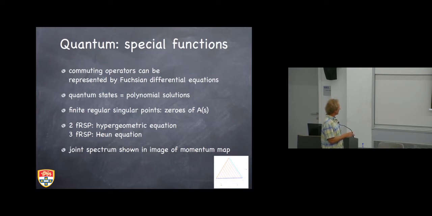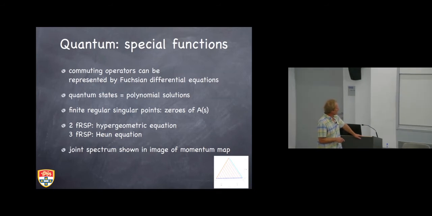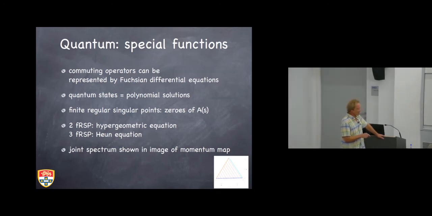That's my abbreviation, FRSP. If you have 2 finite regular singular points, you have the hypergeometric equation. If you have 3, you have Heun equations, and then the names run out. And I'll show you the Stasheff polytope from this point of view in a second. The pictures that I'm going to show you now show the joint spectrum of these commuting operators in the image of the momentum map, which is a place where they naturally want to live.